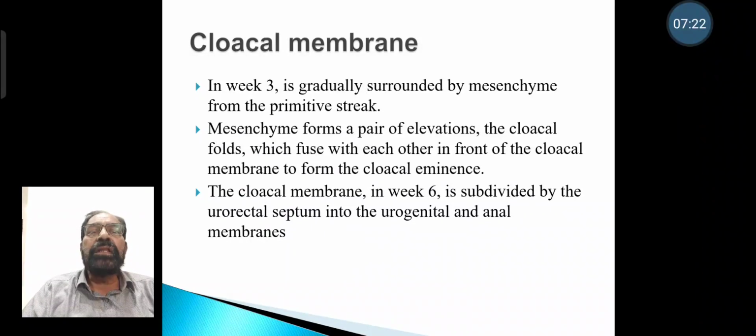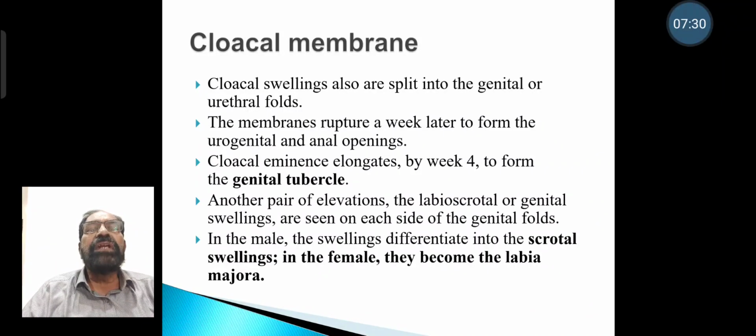The cloacal membrane in week 6 is subdivided by urorectal septum into urogenital and anal membranes. Cloacal swellings are split into genital and urethral folds. The membranes rupture a week later to form urogenital and anal openings.